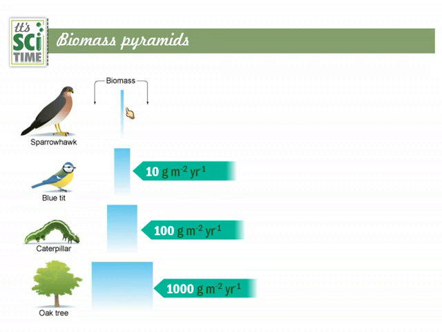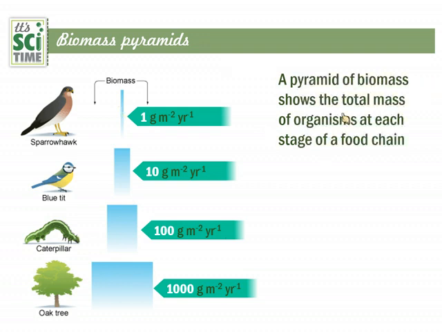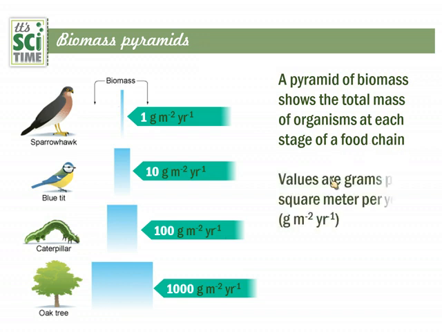Their number is less, around 1 hawk can depend on this, and these numbers are not exact. The ratio just flows in this manner. That's the representation here. Biomass pyramids always stay as upright ones. They are never inverted. The pyramid of biomass shows the total mass of organisms at each stage of a food chain. The units are grams per square meter per year.